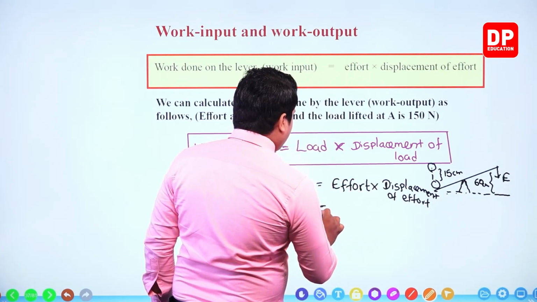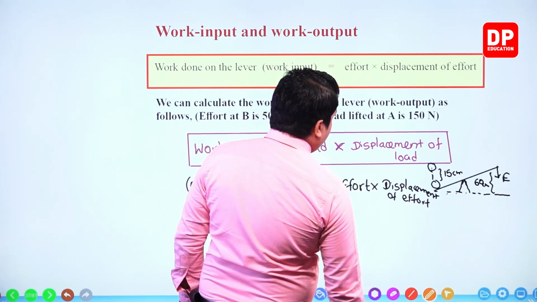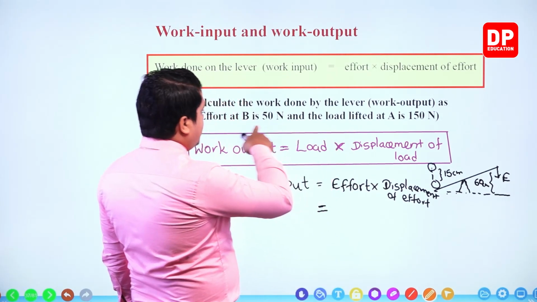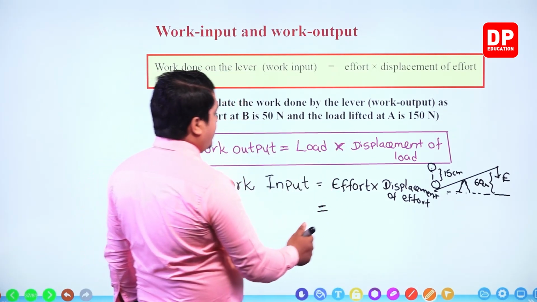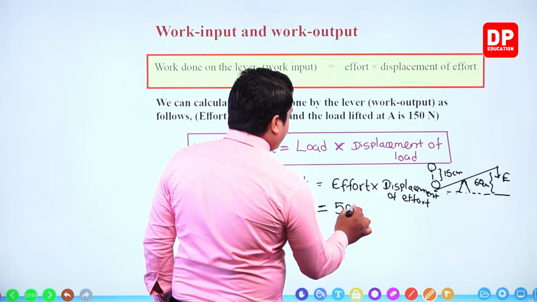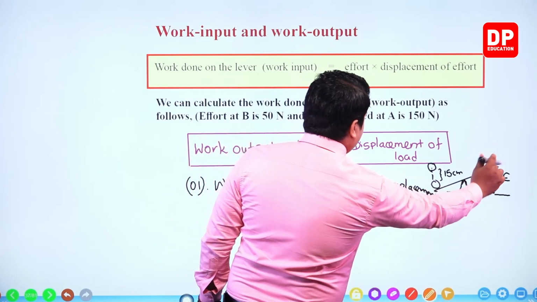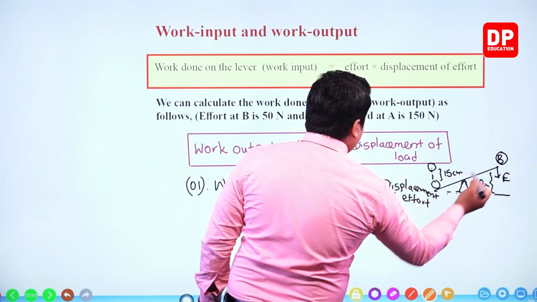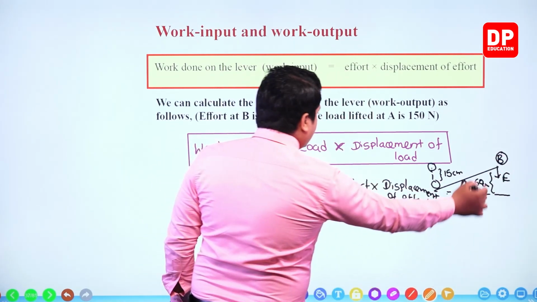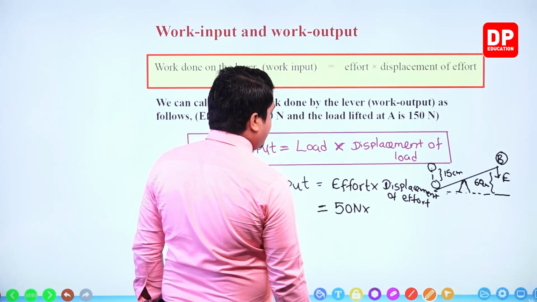So effort is equal to, here the provided effort given here, my dear children, at B, 50 Newton. Displacement given out by the effort here. Now this is the point B. Right? So displacement given is 60 centimeters.